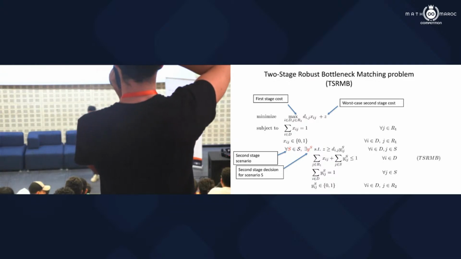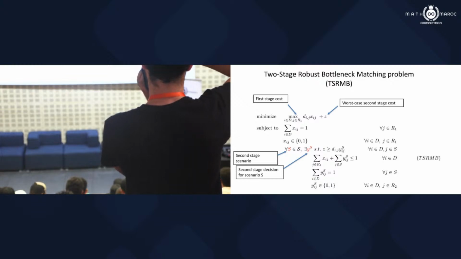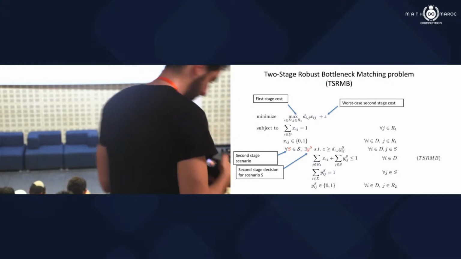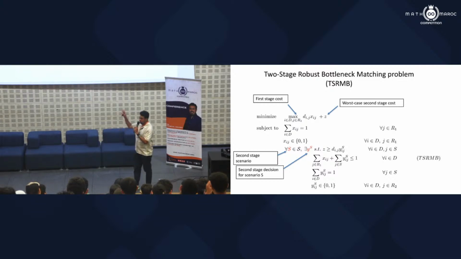So unlike the previous problem that I showed you, which we can solve in polynomial time, this problem we can show that it is NP-hard. NP-hard means you can show mathematically there is no polynomial time algorithm that can solve this problem unless NP is equal to P. So when you're facing this issue, you have two solutions.